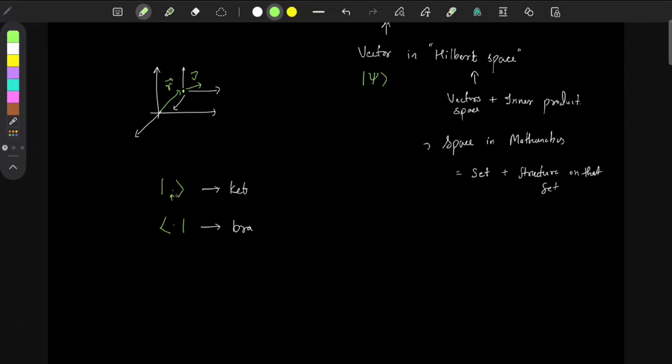Now in place of the dot we can put any symbol which tells you what kind of Hilbert space we are talking about.